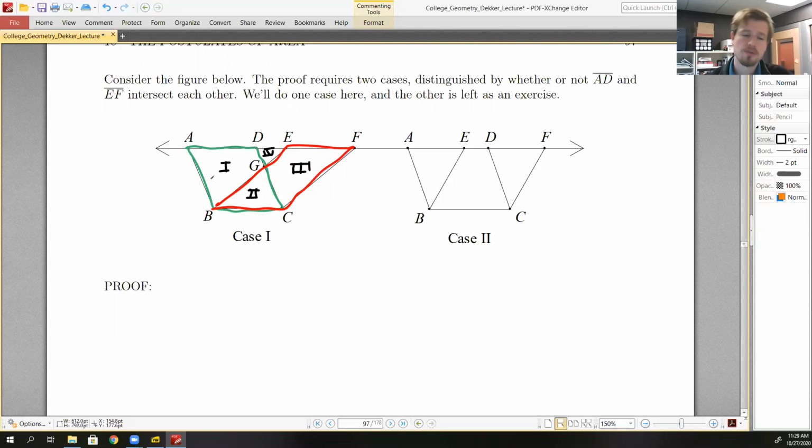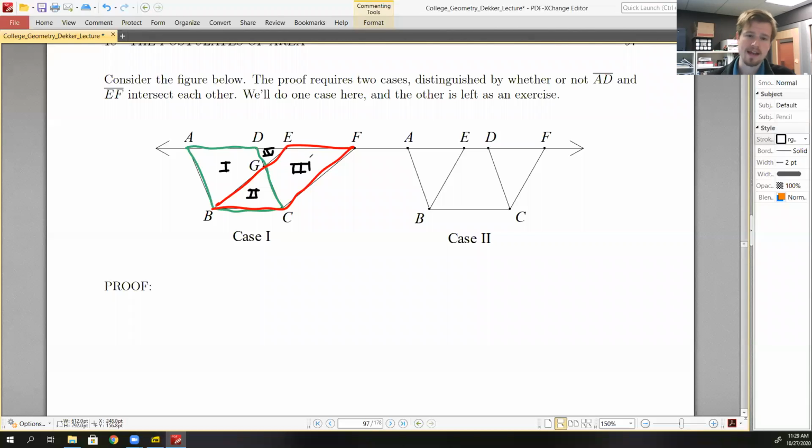Anyway, so we could use side, but we can't do side angle. We'd have to do side angle side. So we'd have to show that this angle and that angle are congruent, which we would get from the fact that these two lines are parallel and this is a transversal, but also that these two lines are parallel and this is a transversal.